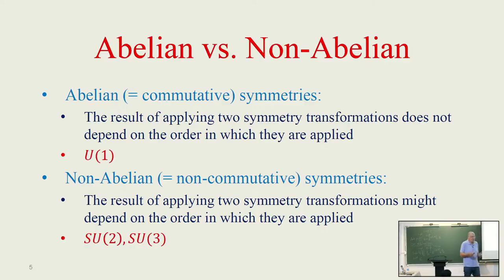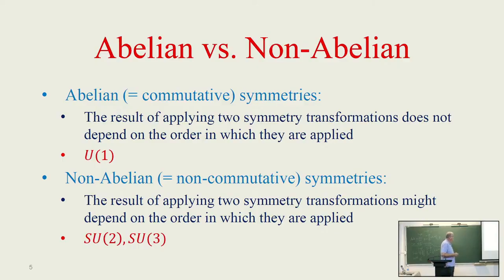And it's easy to see that in a U(1) symmetry, that's the case. If you do some phase transformation by theta 1 and then another transformation by theta 2, the overall result will be a phase transformation of theta 1 plus theta 2 times the charge. While if you do theta 2 first and then theta 1, it will still be the charge times theta 1 plus theta 2. So the order doesn't matter.